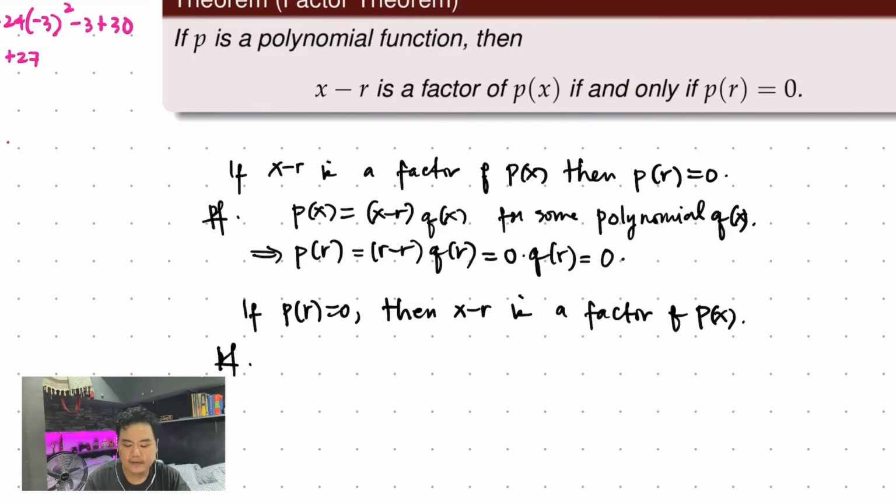Gagamit tayo ng division algorithm. I-divide natin si p of x by x minus r. Hindi pa tayo sure kung ang remainder ay 0.